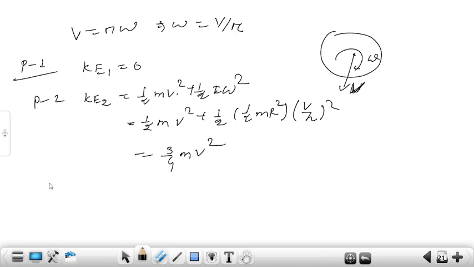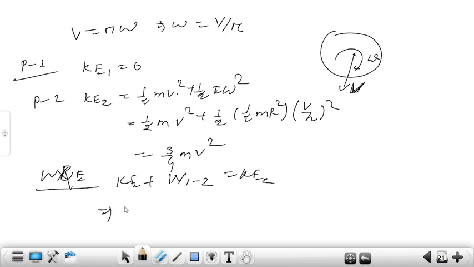Next, the principle of work and energy theorem. Kinetic energy at 1 plus work done from 1 to 2 is equal to kinetic energy at 2. The first kinetic energy is 0, and the work done is mgh, which is equal to 3 by 4 mv square.